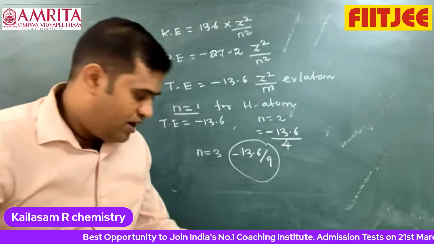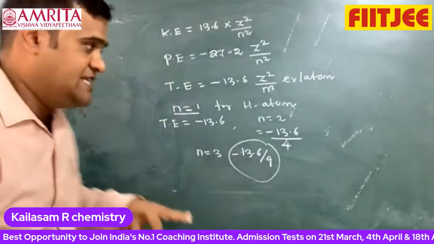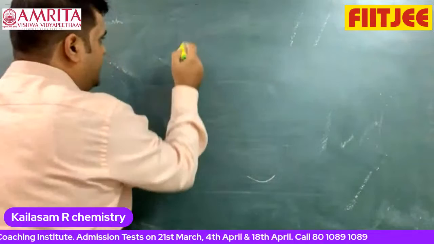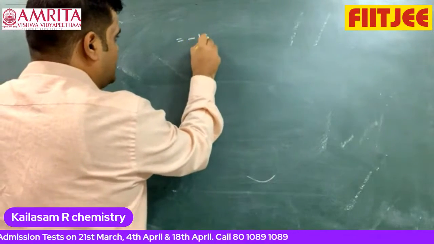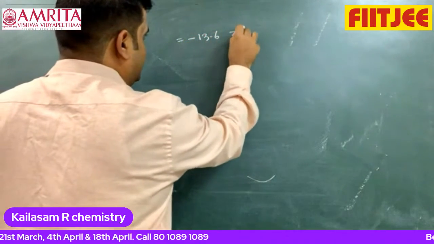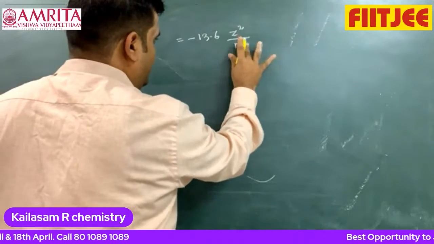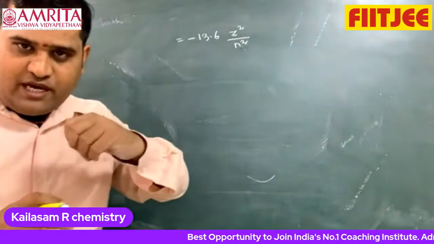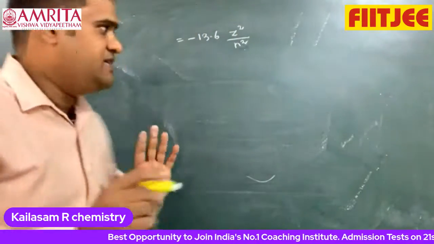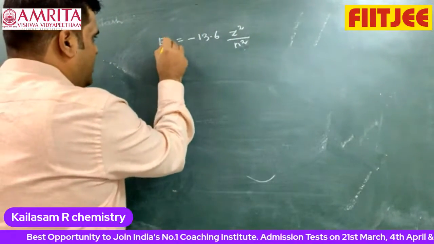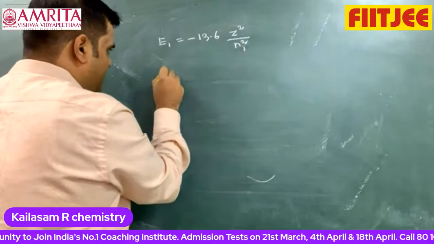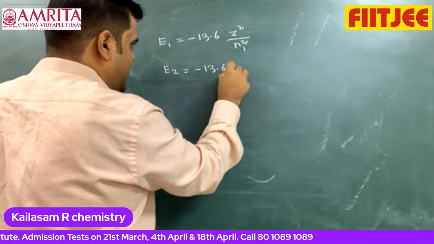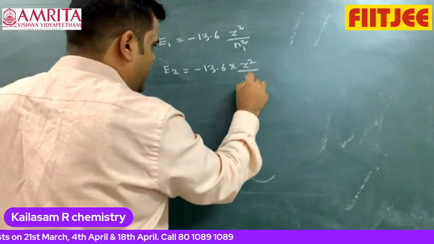Now, what Bohr explained, I told you: the energy is minus 13.6 Z squared by n squared. Now if I supply energy to excite the electron, I can write E1 for n1 squared, and E2 equal to minus 13.6 Z squared by n2 squared.